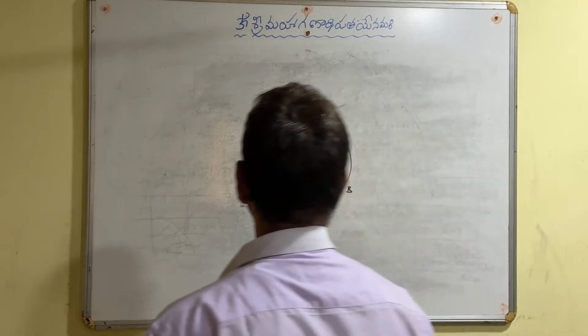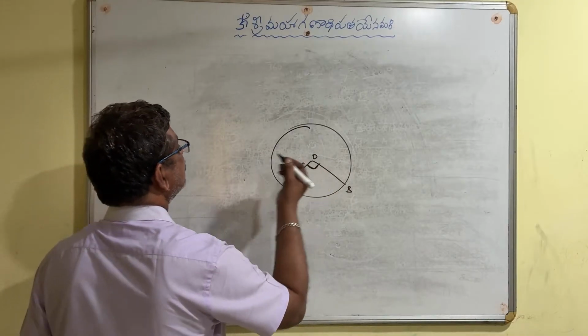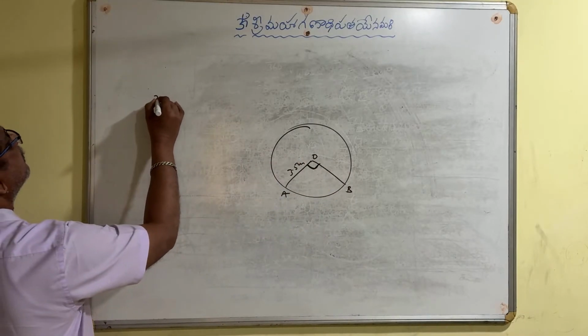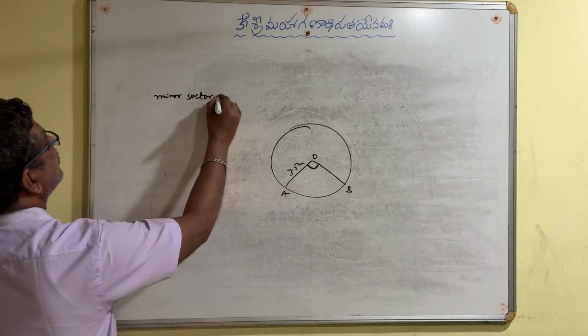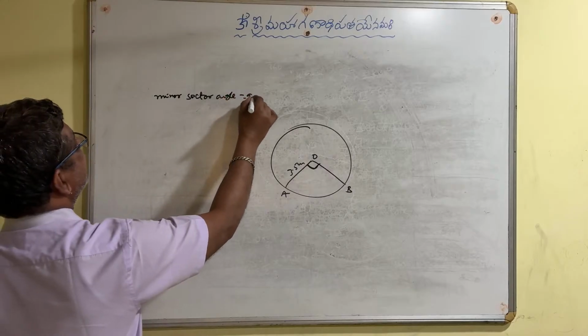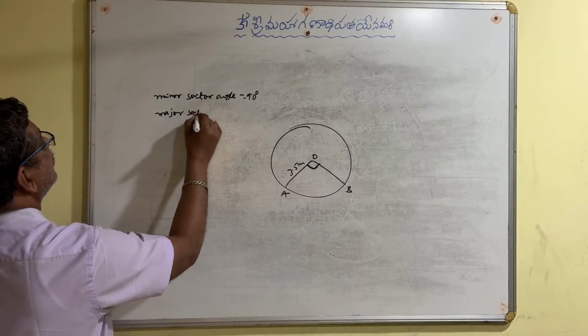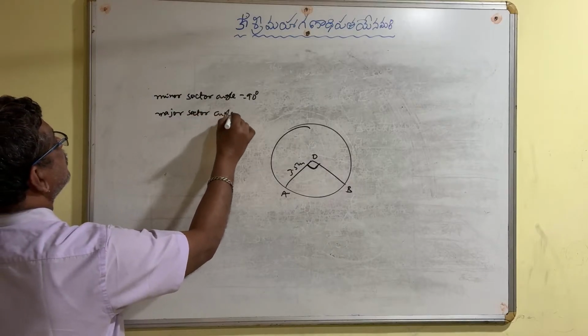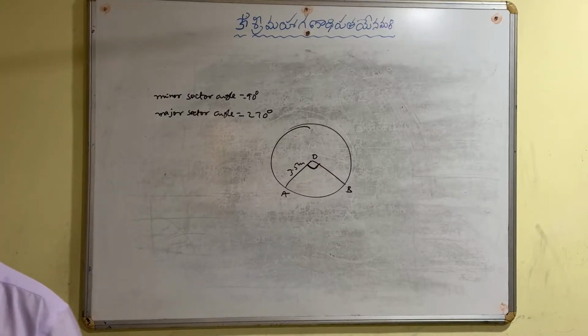See, children, minor sector angle is 90 degrees, right? Minor sector angle is 90 degrees. The major sector angle is 270 degrees. Okay, na?